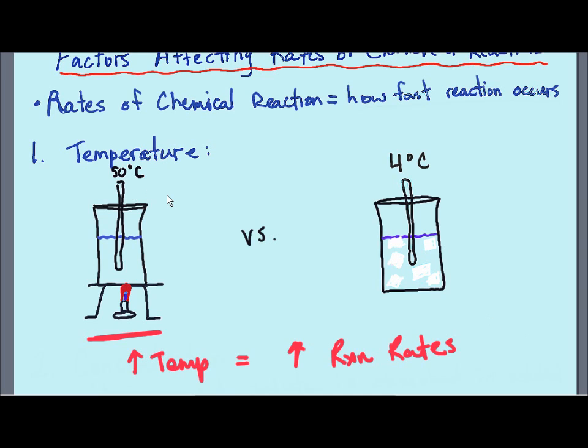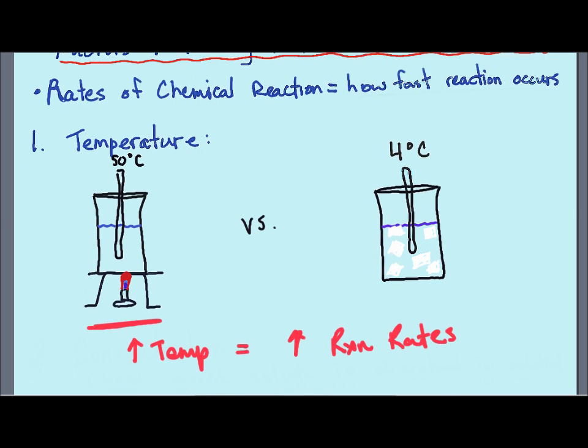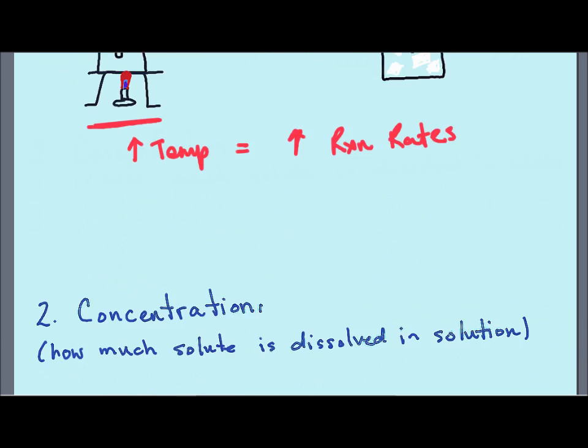The 50 degrees Celsius reaction is going to go faster than the 4 degree reaction because it has a higher temperature. If you wanted to slow a reaction down, you would cool it down. If you want to speed it up, you're going to heat it up. Alright, so that's the first factor that affects rate of reaction, temperature. Increased temp equals increased reaction rates.